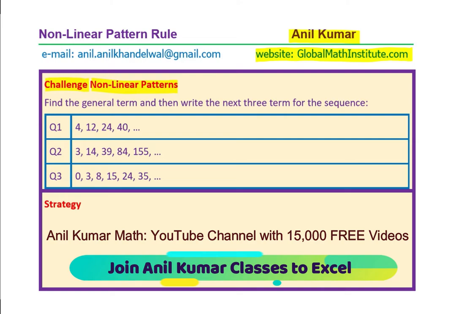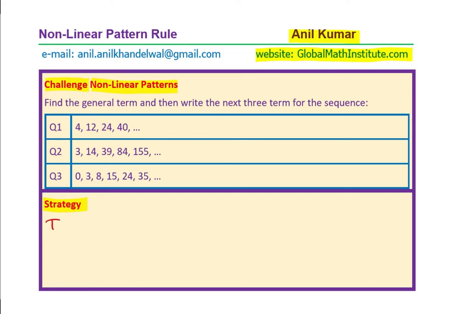How do you solve such questions? We are going to understand this strategy. Whenever you have sequences given as here, we should find what type of sequence it is. So first let us find the type of sequence.